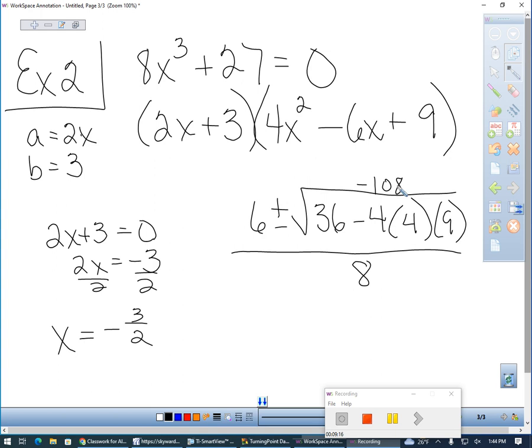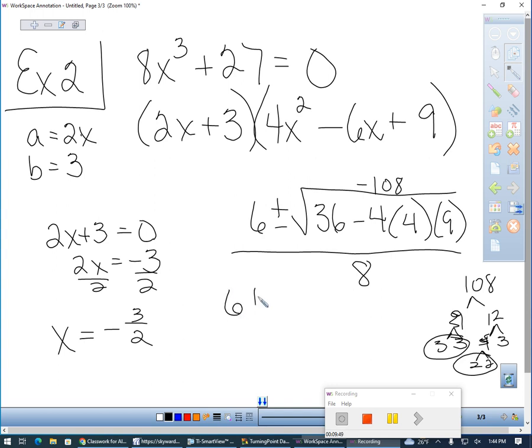All right, so we know since there's a negative under there, an i is going to come out. What else do we know? If I have 108, what can I break that down into? 9 and 12. All right, let's do 9 and 12. 9 is 3 and 3. 12 is 4 and 3. Yep. And 4 is 2 and 2. So I have a group of 3's that get to come out, and I have a group of 2's that get to come out. So 3 times 2 is what?